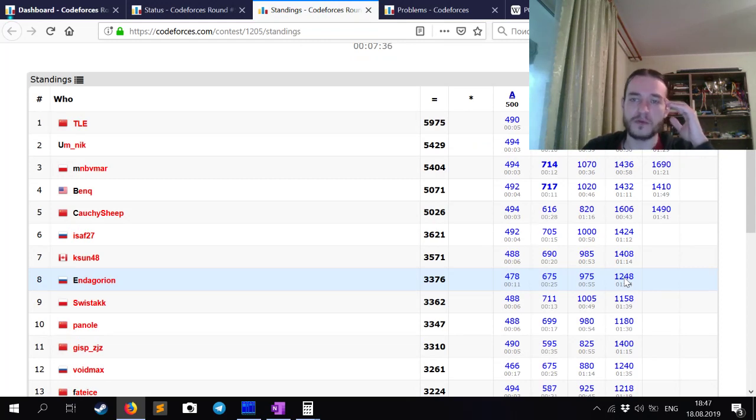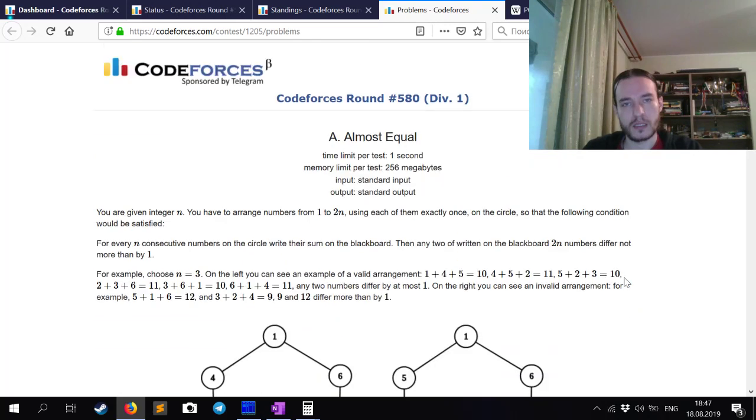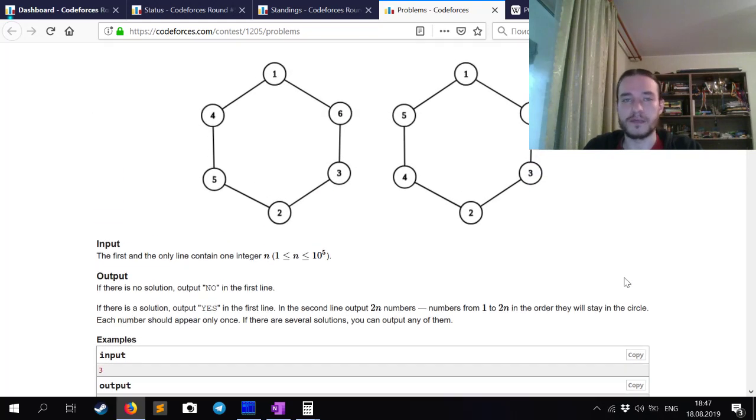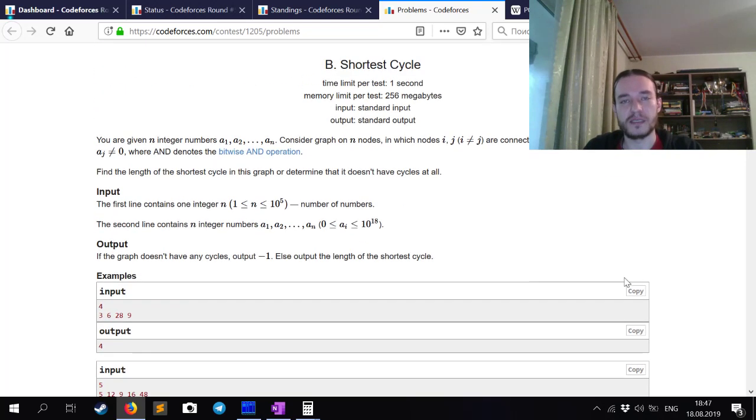Yeah, so all the problems are really nice, I have to say. A is okay, right? You have to do some figuring out. I spent some time, but in the end it's really simple. B is just a quick observation to reduce the problem to a graph with very few edges, so you can do basically anything and find a shortest cycle in a very small graph.